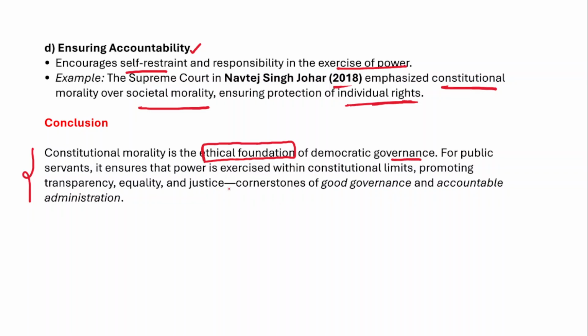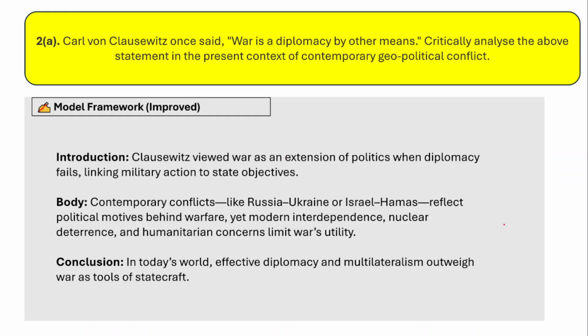For public servants, the constitutional morality ensures that power is exercised in a responsible manner within the constitutional limits, and it will promote transparency, accountability, justice, liberty, equality. So all these features are the cornerstone of good governance and also the accountable administration. So this is how you can add an impactful positive conclusion to this answer.